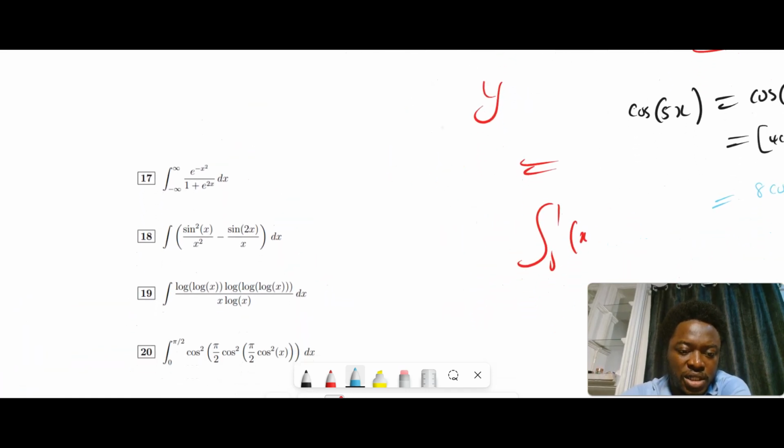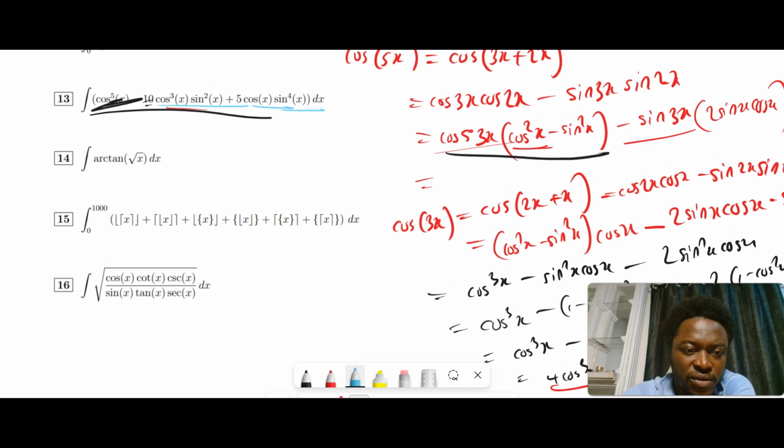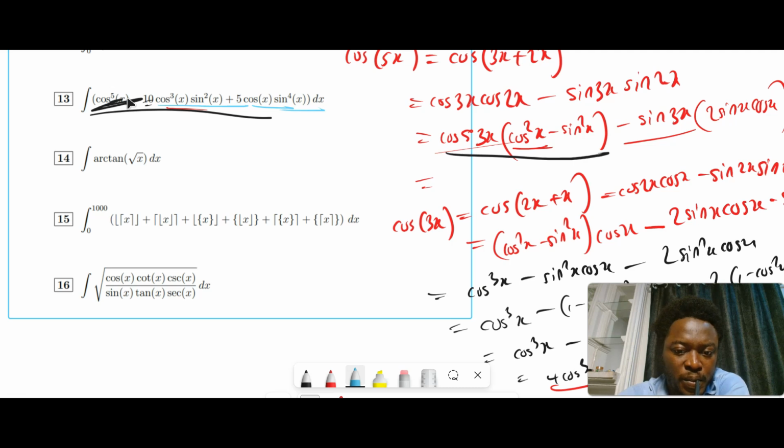Okay, so it seems that this approach does not yield much fruit. It does not equal cosine to the fifth. So what do we do from here? From here we can definitely expand, but let's see.